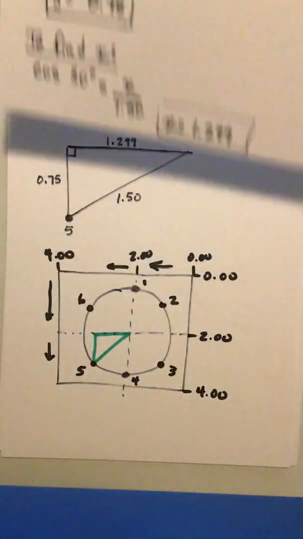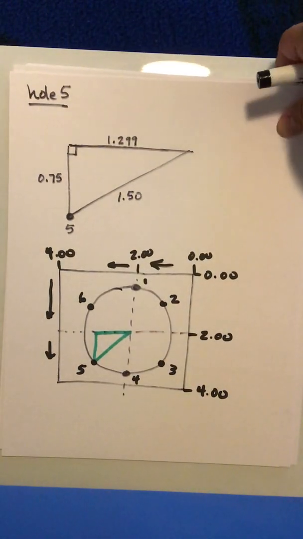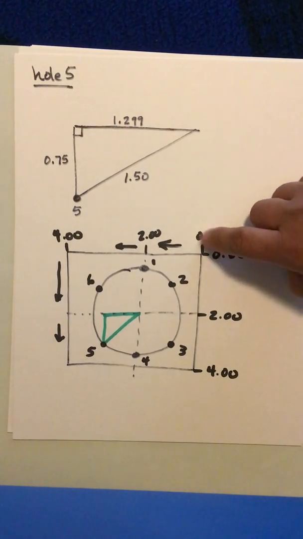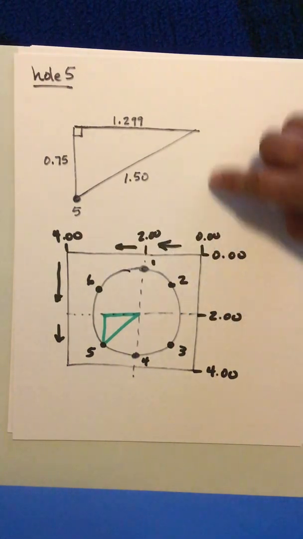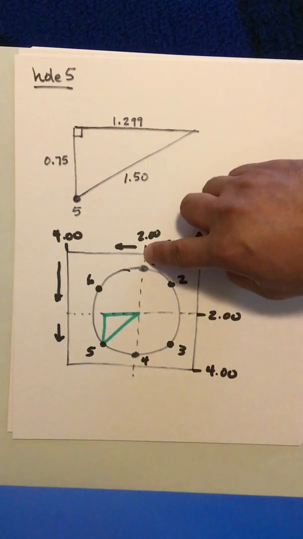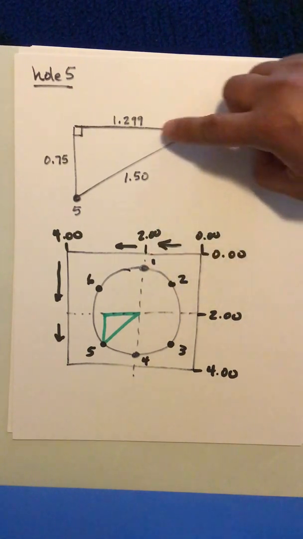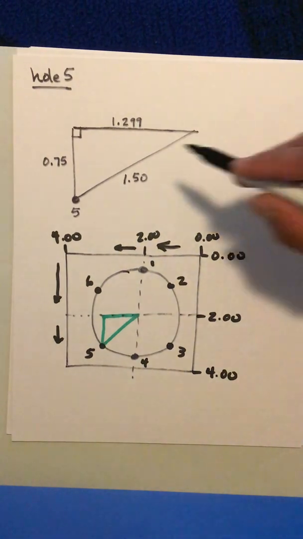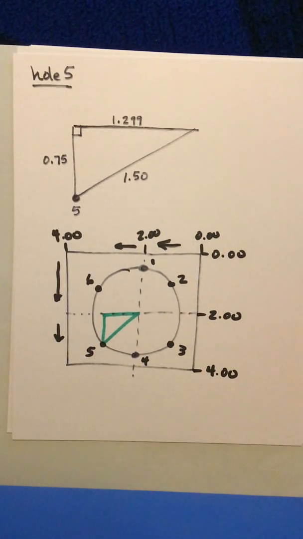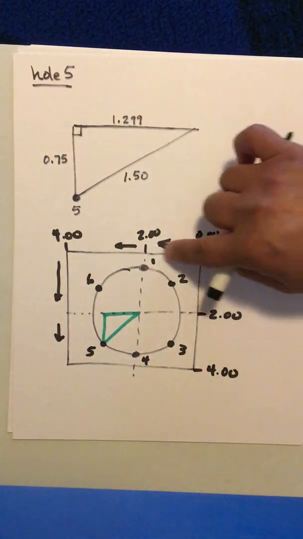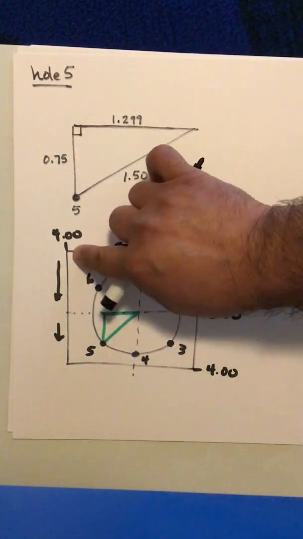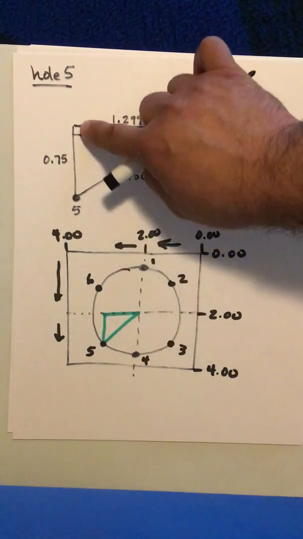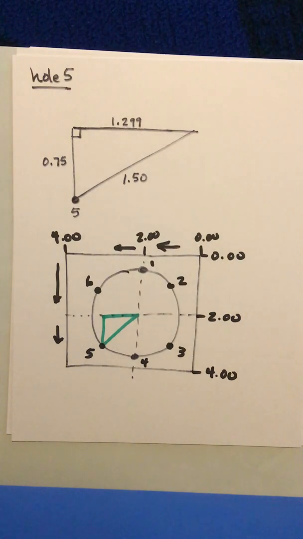Now, that's how to find each side of my holes. To find the location for 5 going across, I must take from 0 to 2, 2 plus this. And 2 plus that should give me 3.299. Then to go down, I'm going down 2 plus 0.75, or 2.75.